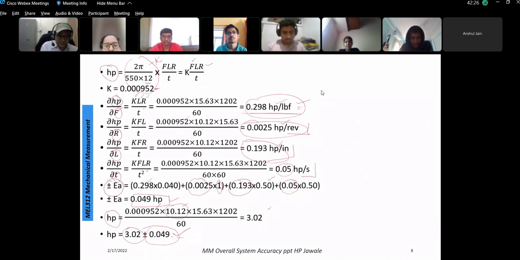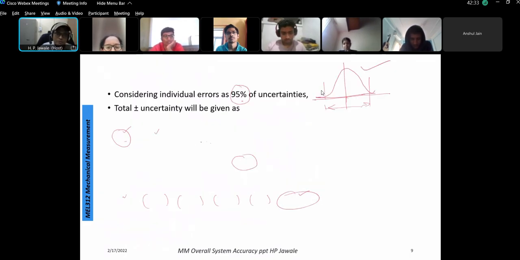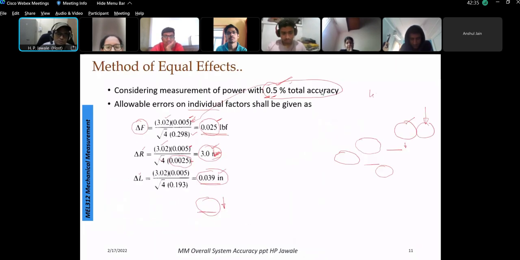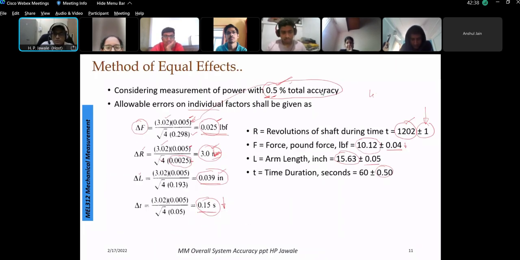The total uncertainty we found earlier was 0.49, and now it is required to have a total uncertainty propagation of 0.5. You can compare them. This is what we require to achieve. So this gives the understanding of how we can proceed to control the inaccuracies on all the equipment.